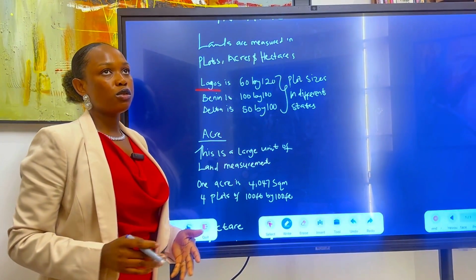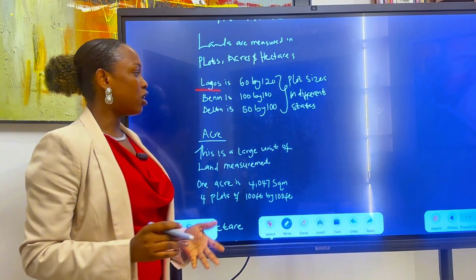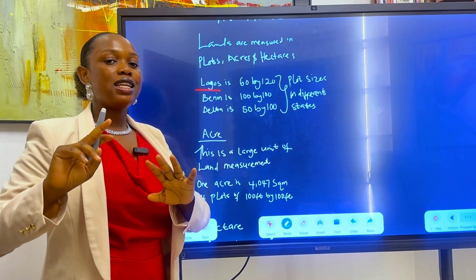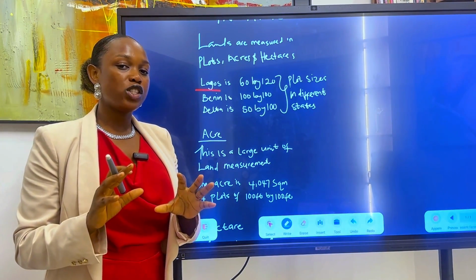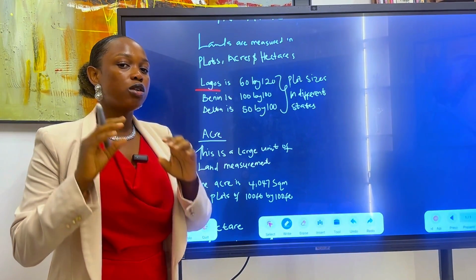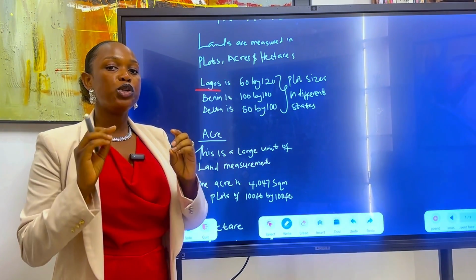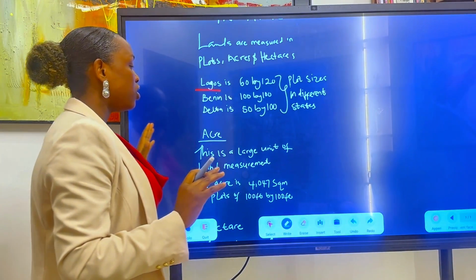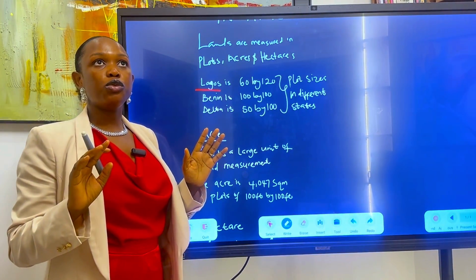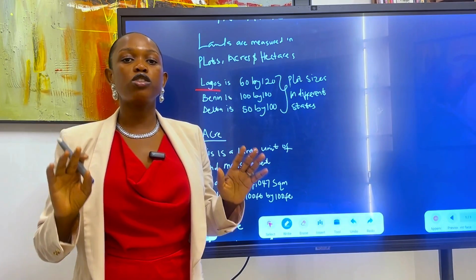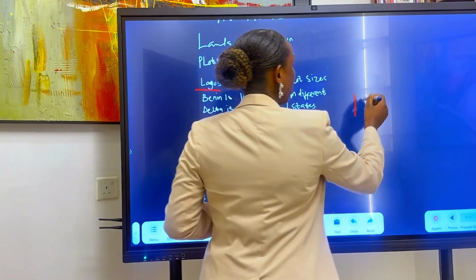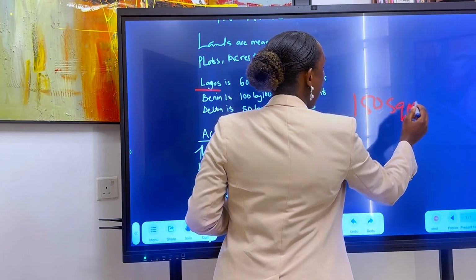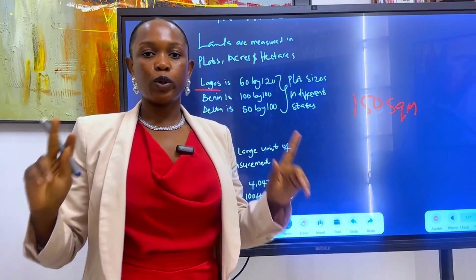But when you come to a place like Abuja, we don't really use feet when we are selling plot of land. So you remember the definition, it says it's a piece of land marked out for building or development. So in Abuja, what we use is 150 square meters as one plot.